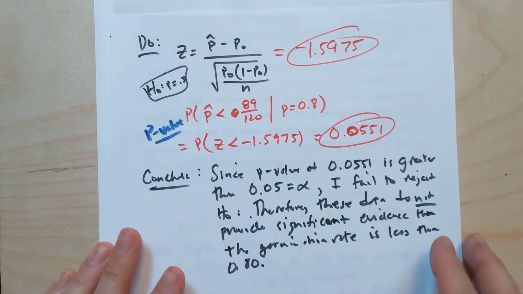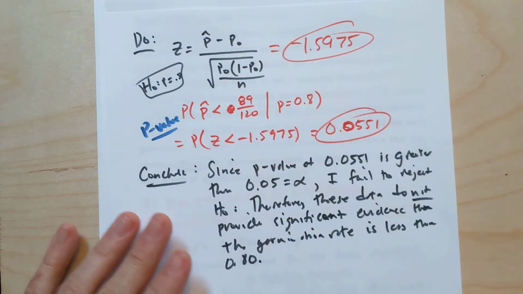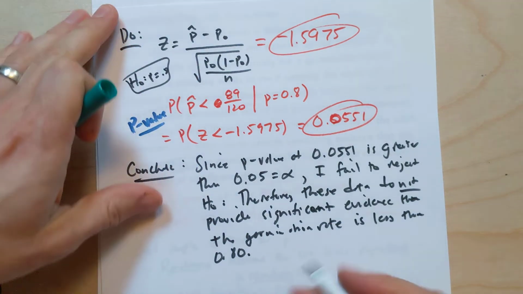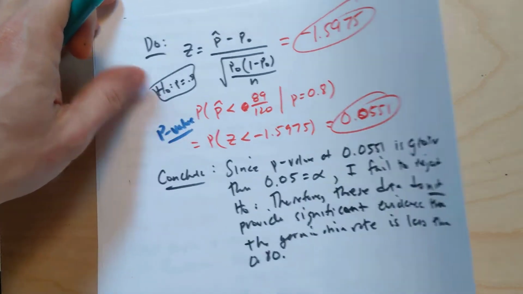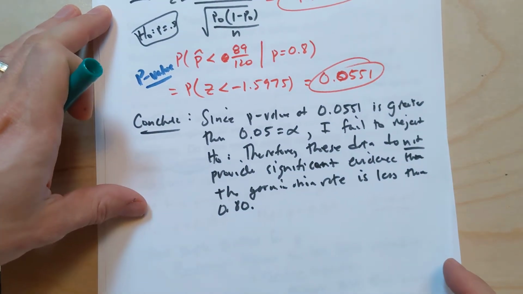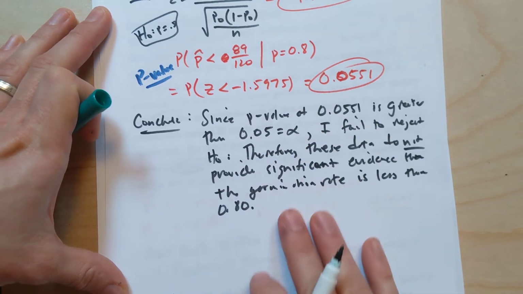So beautiful, right? Just a couple of key things to think about here. One was we were very close to rejecting. Maybe we should have rejected, and maybe the germination rate really has been lowered.